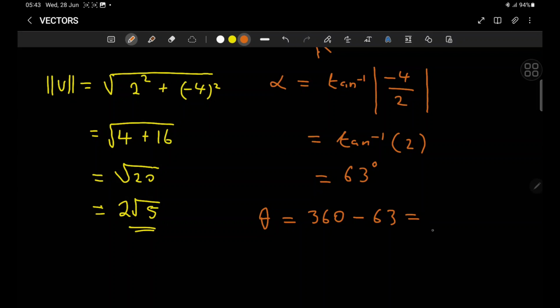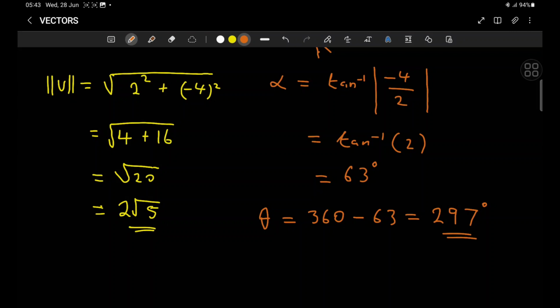And this is just 297. So this is our direction. So our vector magnitude is 2 root 5 and our direction is 297.